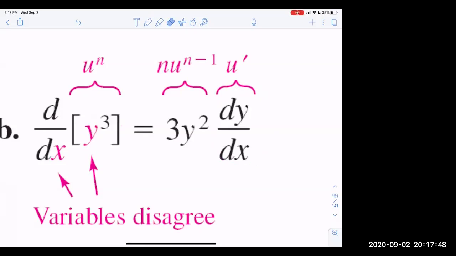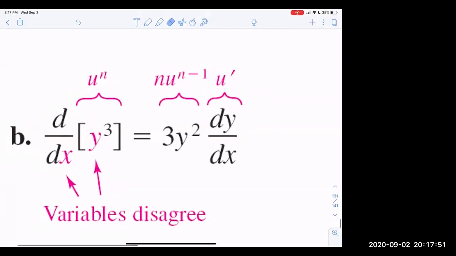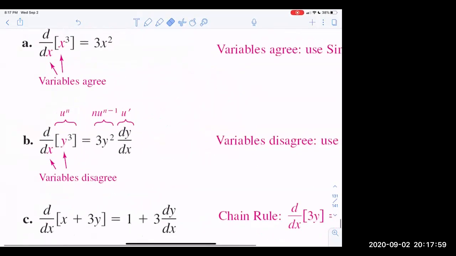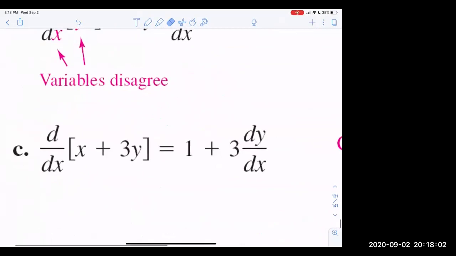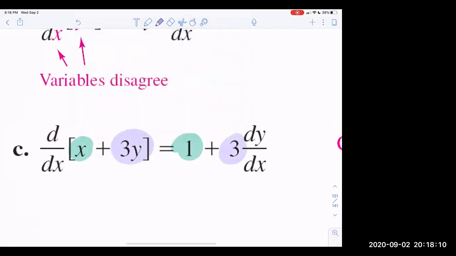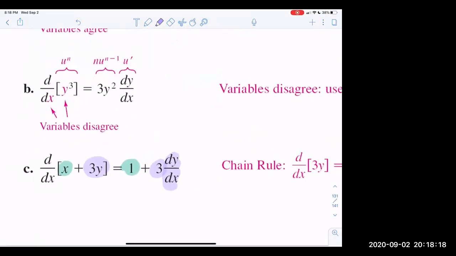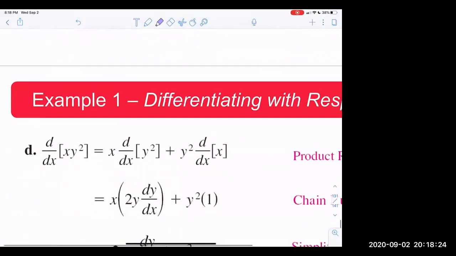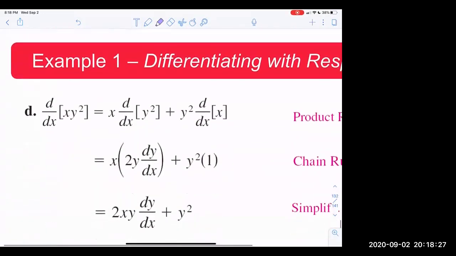Here, the derivative of x is 1, but the derivative of 3y is 3 dy dx. Right.